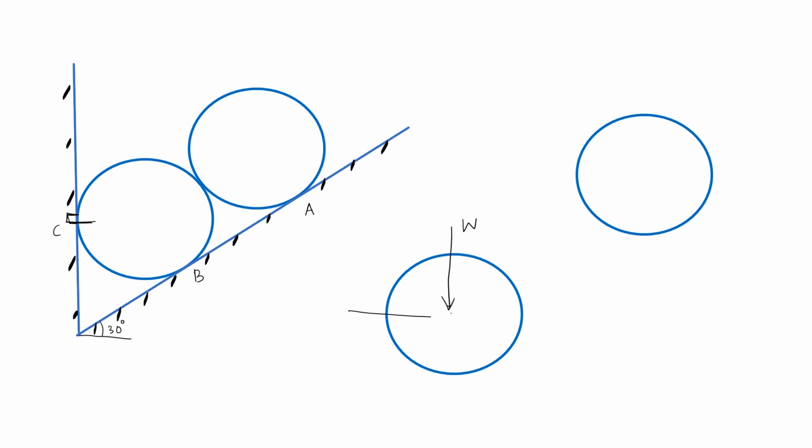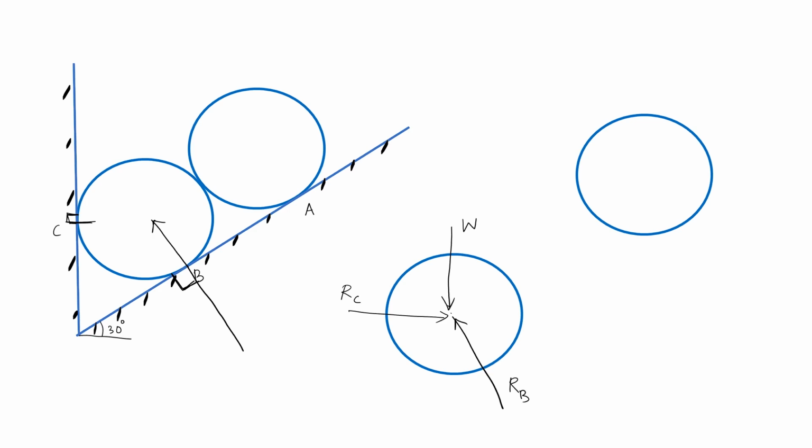That can be drawn here, RC. We name the force RC, and at B, the reaction is also perpendicular to the surface. The reaction will be like this, and the angle will be 90 with this surface. So here we can draw that reaction RB like this. This is RB.